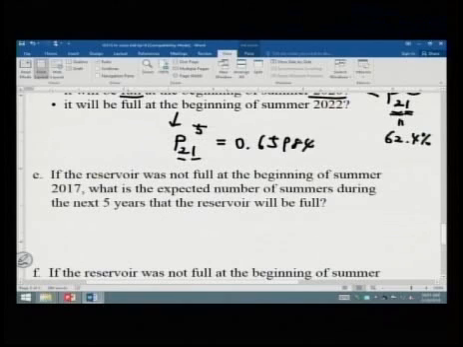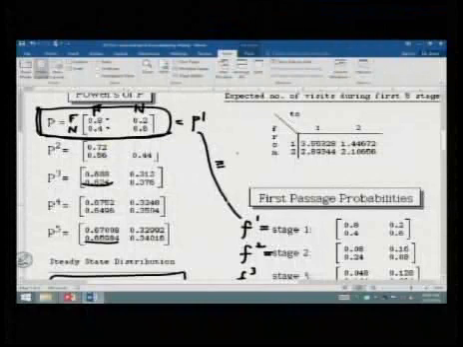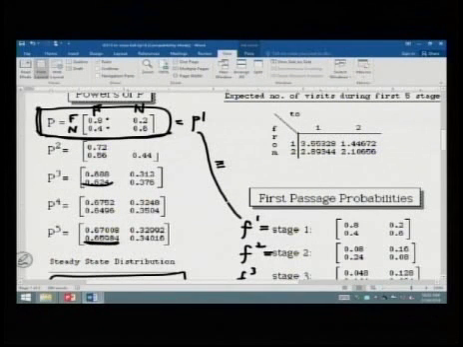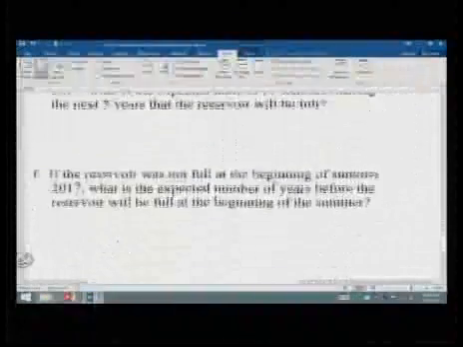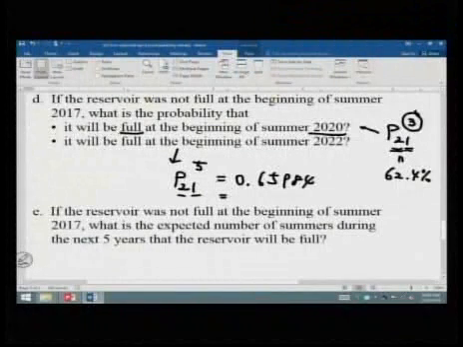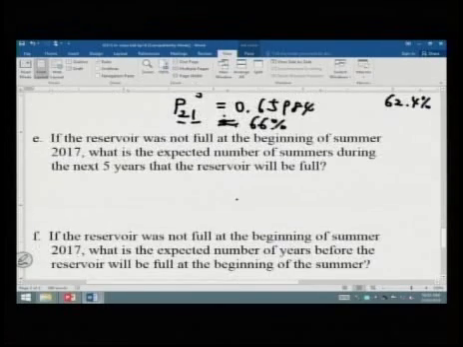Which is about 66%. Okay. Any questions so far?